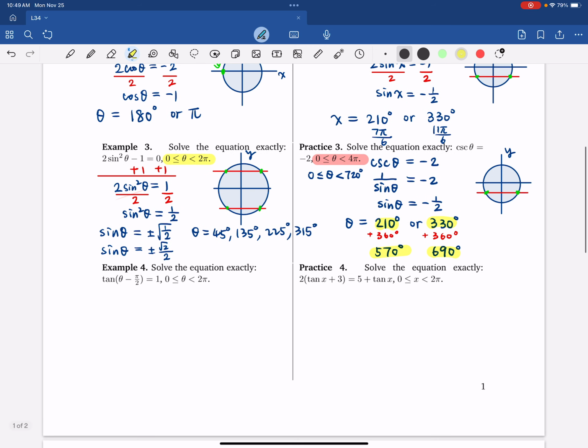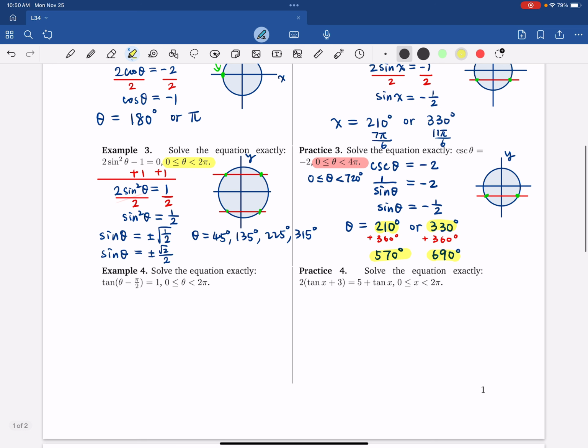Example 4, solve the equation exactly. This time we have a tangent. So for tangent, you're looking at the ratio of the y-coordinate to the x-coordinate, because it's sine over cosine.